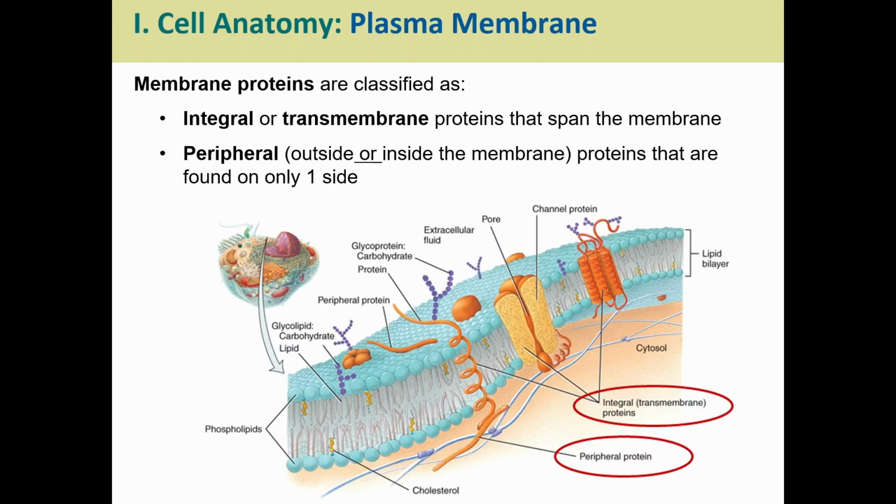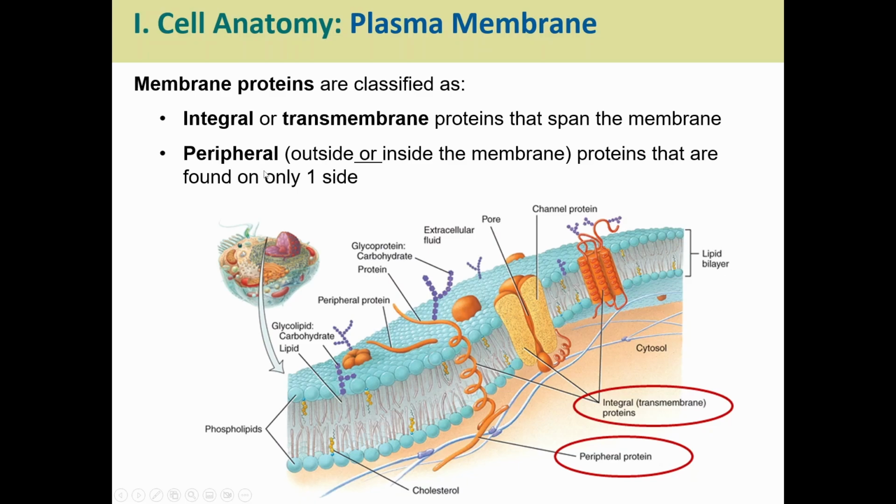Now, some of these proteins are integral or transmembrane proteins, meaning they go across the entire membrane. So we see one here in the middle, this one I'm circling with my mouse. It goes all the way from one side to the other, so it has an impact on both the inside and outside.